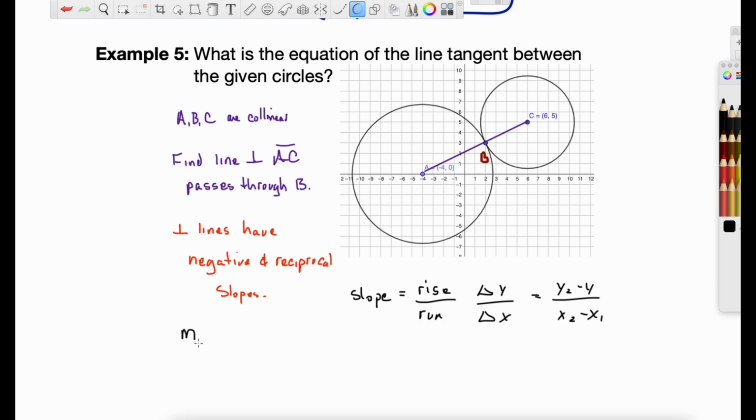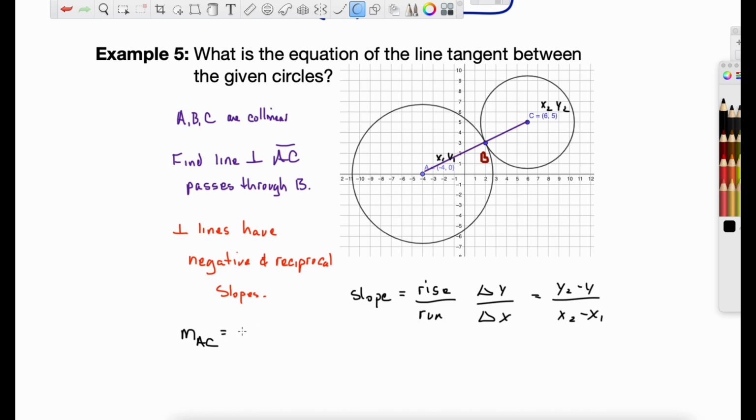We're going to find the slope of AC. If I do this algebraically, I know my point A is -4, 0, and my point C is 6, 5. I can say this is x1, y1, and this is x2, y2.